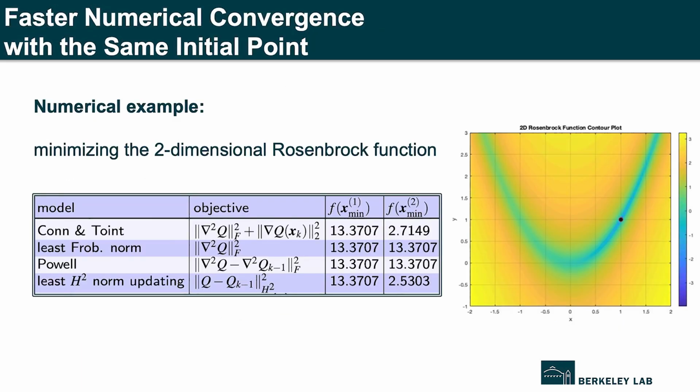When solving a simple example, the two-dimensional Rosenbrock banana function, we use the same algorithm framework but with different models. We can find that using our model provides faster numerical convergence, shown in this table.